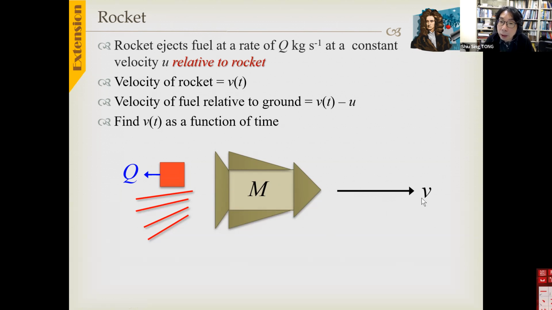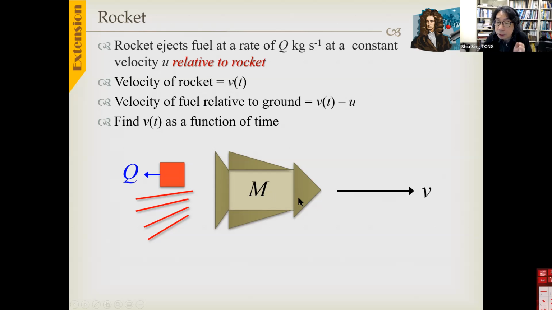Now here we apply the idea of relative velocity, because when we describe the motion, we always refer to a stationary observer. We always refer to an inertial observer, right? Inertial observers are legitimate to describe the motion using Newton's law. So in this situation, the rocket itself is accelerating. The v is changing with time.